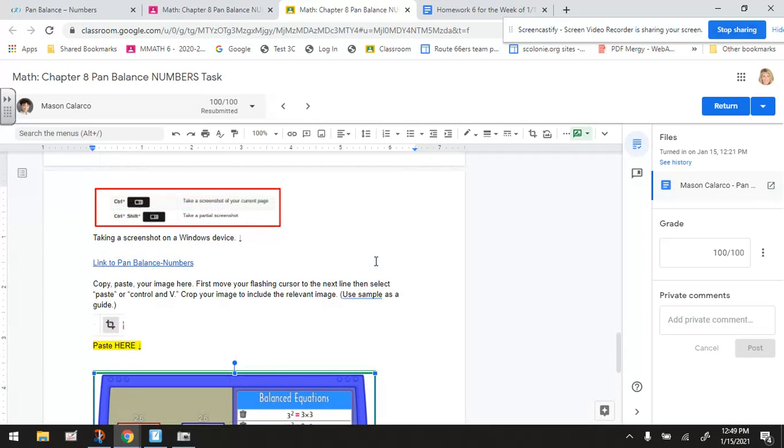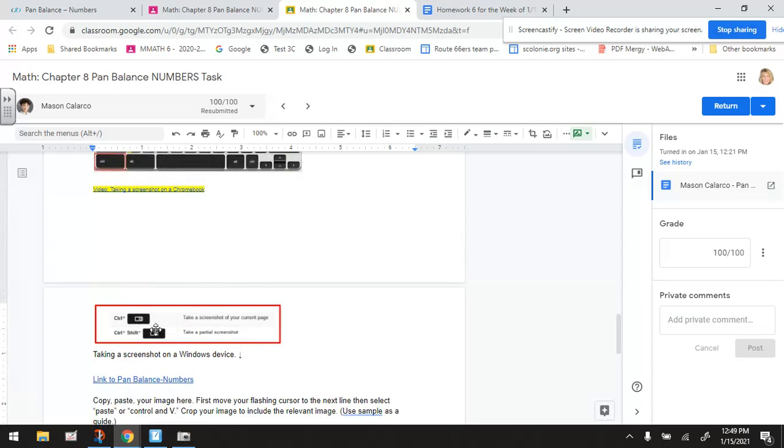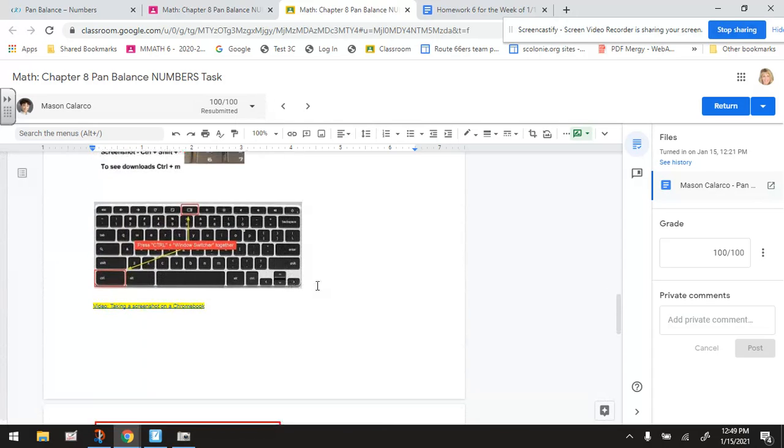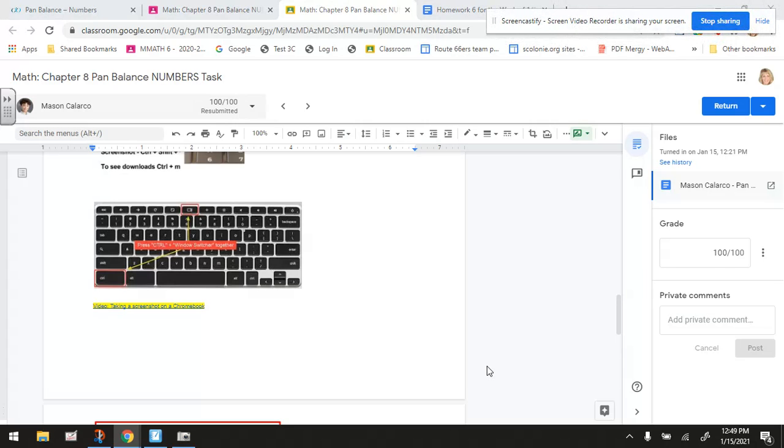Now let's talk about if you don't have a Chromebook, if you have some other device and you have to take a screenshot. So let's say you're using a Windows device. Now, if you have the little Windows icon on the bottom, one of the tools that I use all the time, it's called Snip and Sketch.